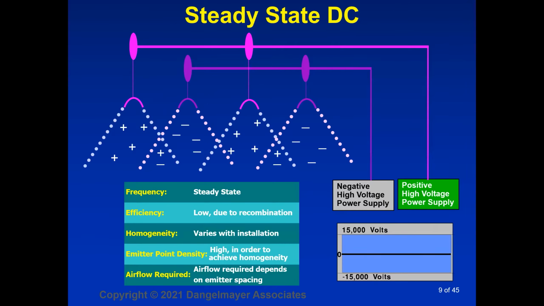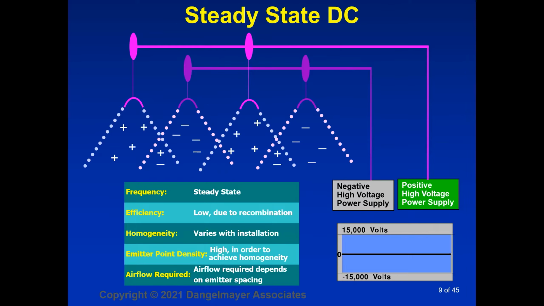Here's a drawing of our steady state DC ionizer. You see discrete emitter points. You see a positive and a negative high voltage supply. If we keep the emitter points close together, we get a very good balance of ionization, but we lose a bunch of the ionization due to recombination. The positive and negative ions go to the opposite emitter points.